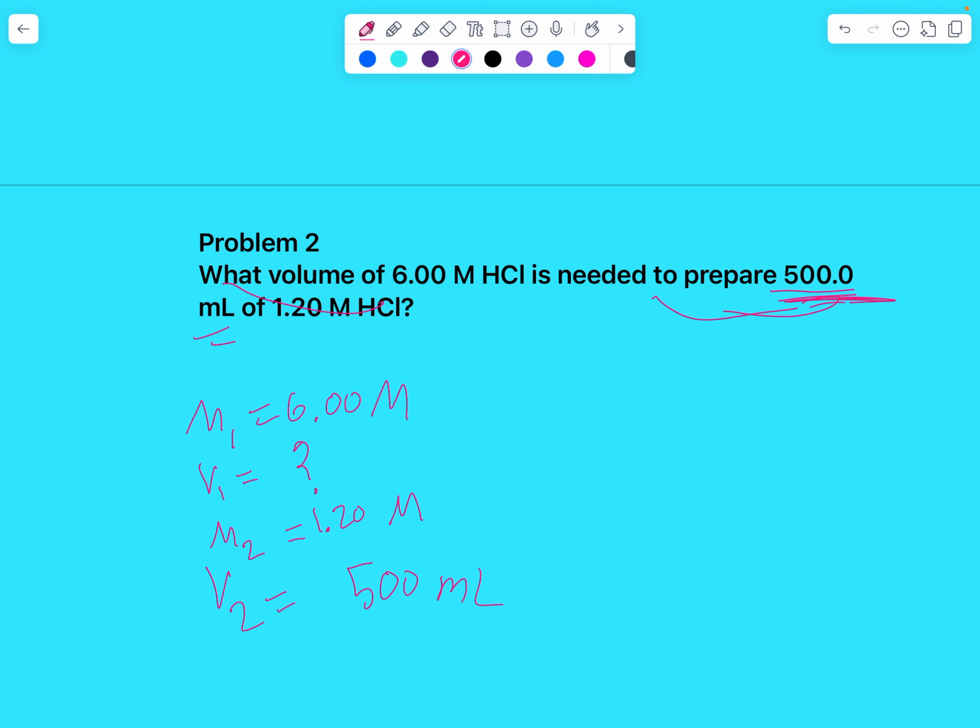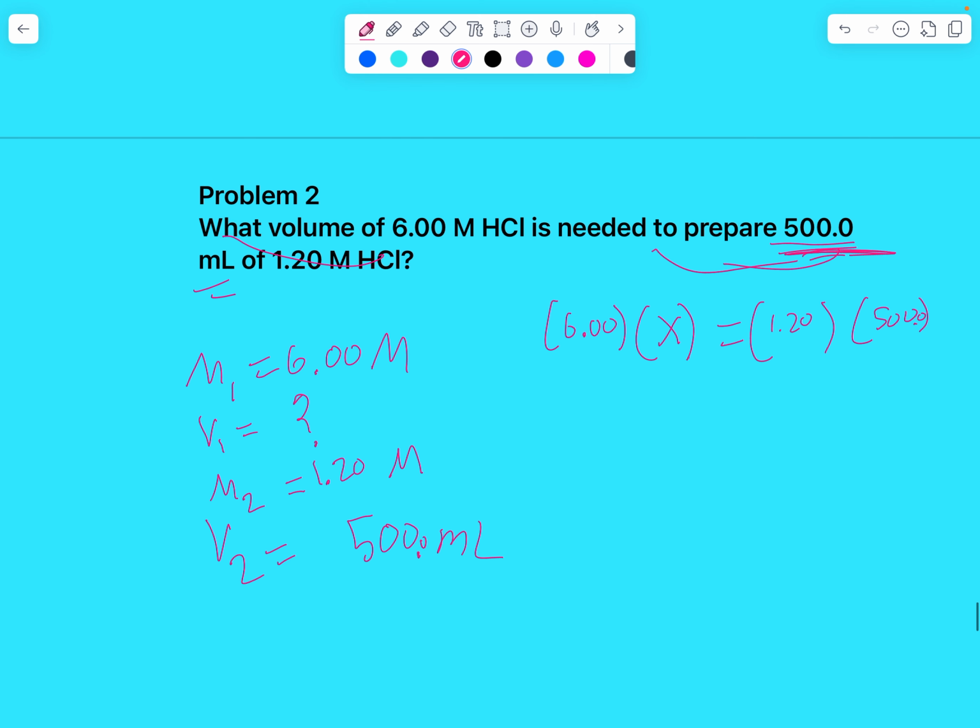So let's plug it into the formula. We got M₁ of 6 times V₁, which is X. I don't know what that is. Equals, you could write V₁ or X, it literally doesn't matter. Just don't put a question mark in the parenthesis. Equals 1.20 times 500. All right, and it's 500.0, include it for sig figs.